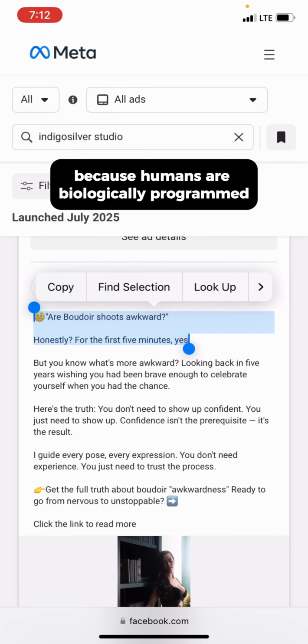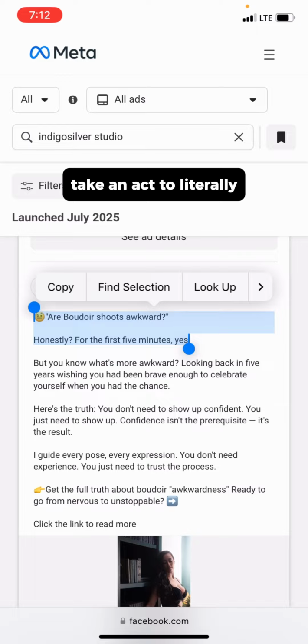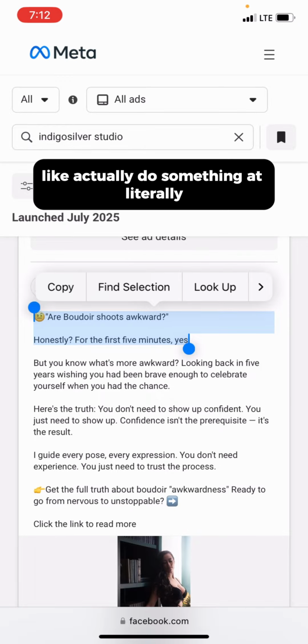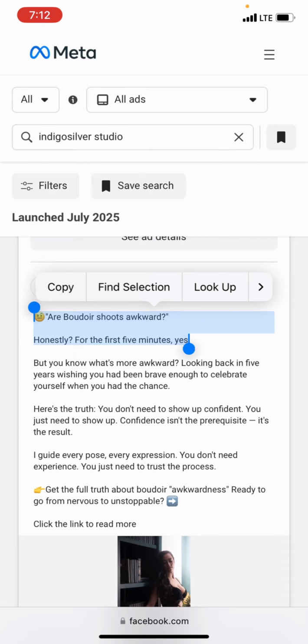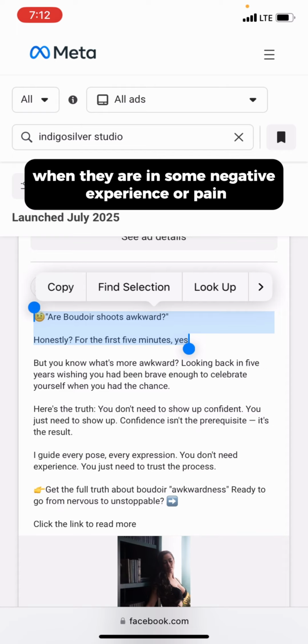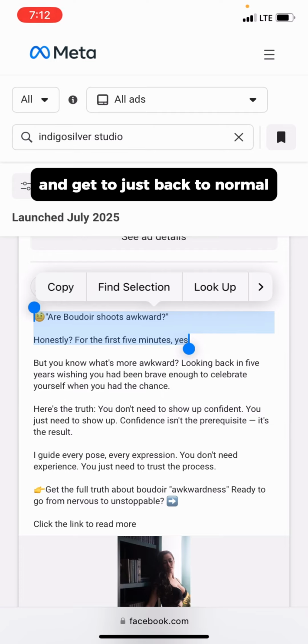And the reason we do that is because humans are biologically programmed, just through evolution, to take an action, to literally take an action, like actually do something, at literally like 100x the rate when they are in some negative experience or pain, and to get out of that pain and get back to normal, no pain, homeostasis.